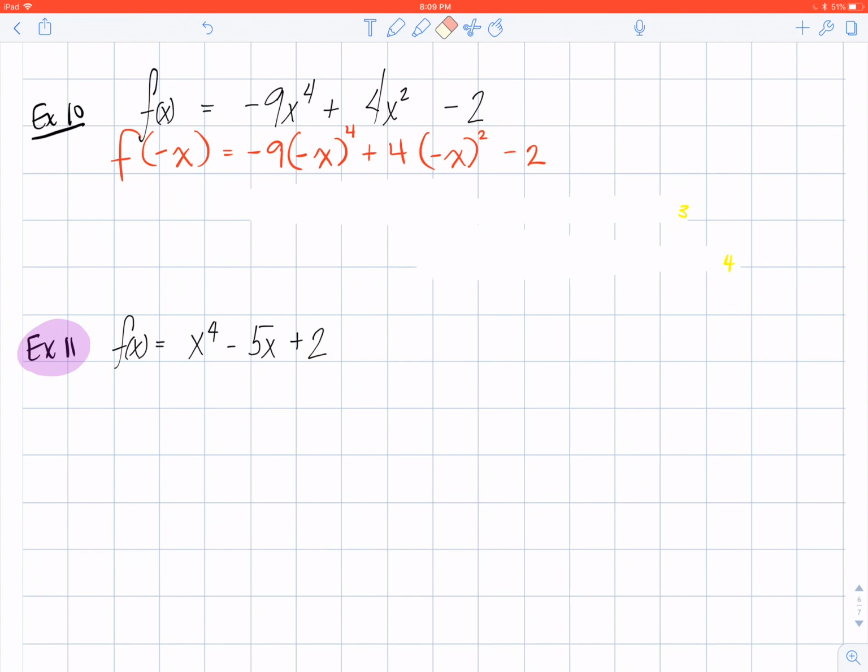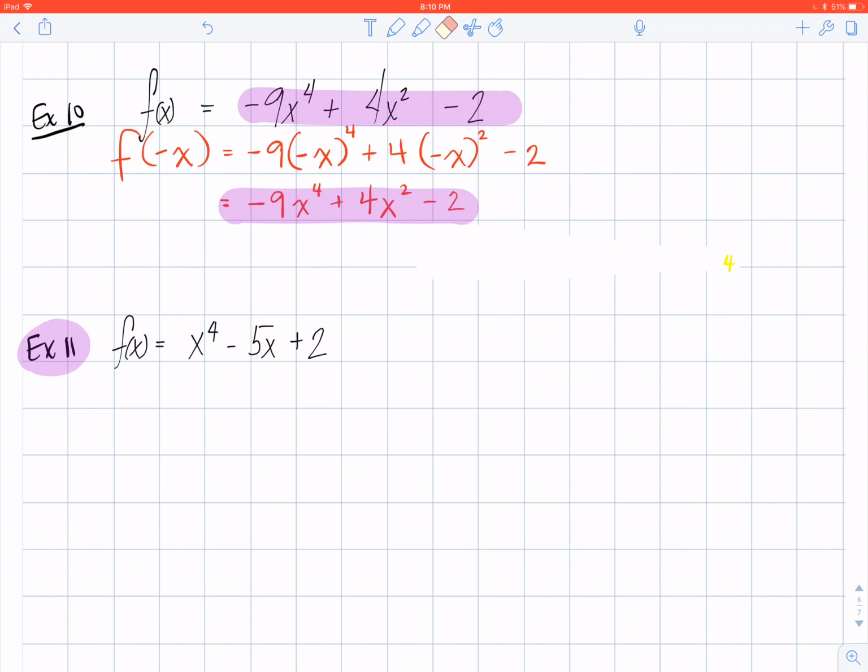My first term has a total of 5 negatives. 5 negatives makes a negative. My second term has a total of 2 negatives, which is positive. My last term is just negative 2. You take a look at that compared to the original, you'll notice that these two are identical to each other. And since they're identical, I don't need to run any further tests. I have my answer, it's an even function.